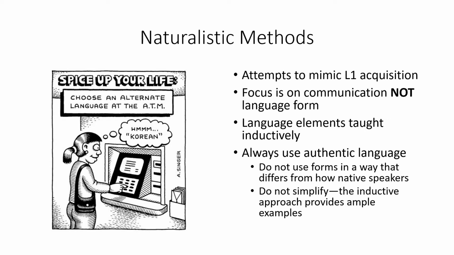Language elements in naturalistic methods are always taught inductively, meaning the student is not given formal instruction on how something works and then given material to apply that knowledge with. They are not given lists of words in the native language with the target language equivalent and asked to memorize them. That's not at all how it's done. Rather, they're given things in context.